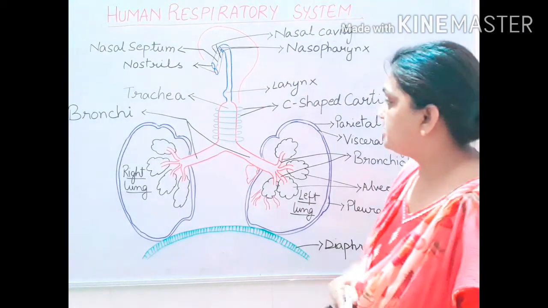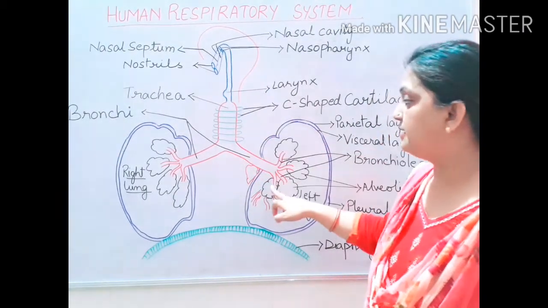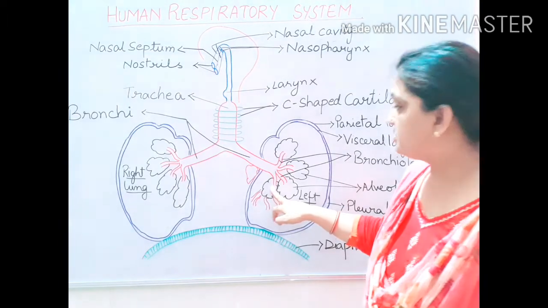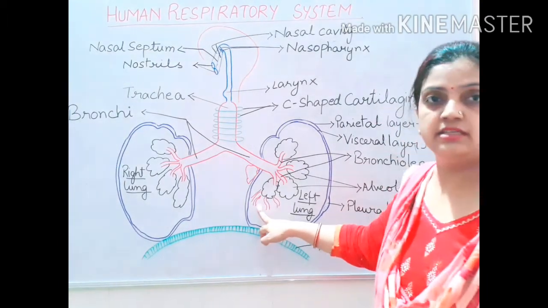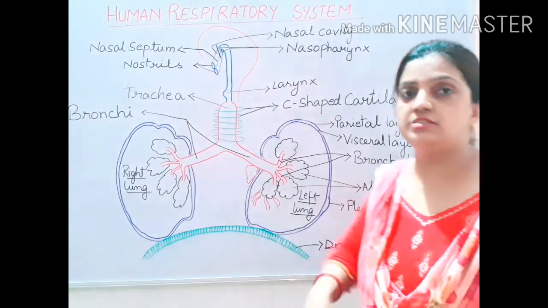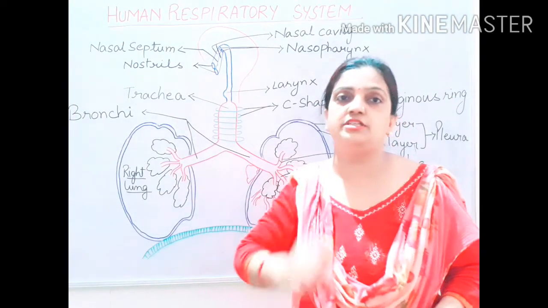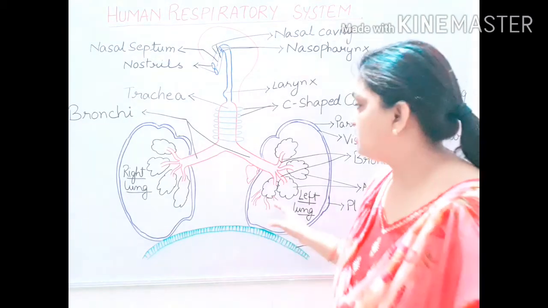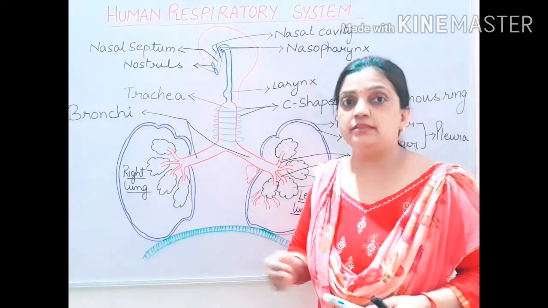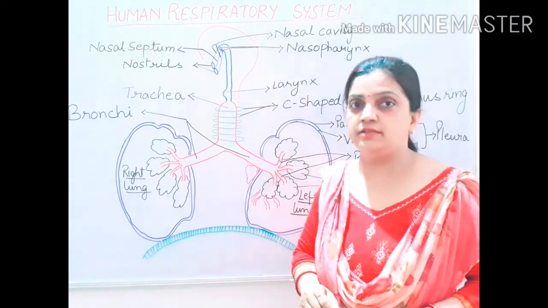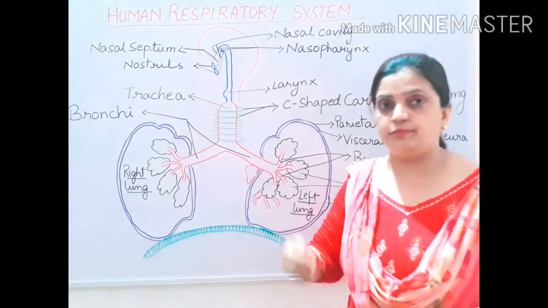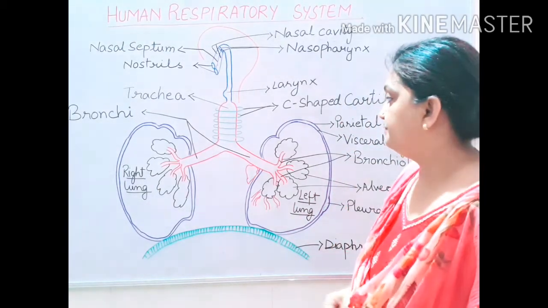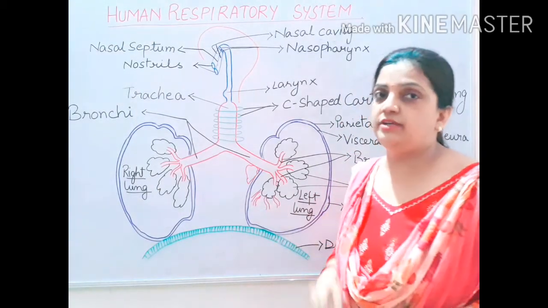And when oxygen enters inside the alveoli, that oxygen enters the blood vessel, and from the blood the oxygen reaches the cells for the oxidation process. We have discussed a lot about this. Today we are studying the structure, how human respiration is taking place. The process I will be explaining a little later. Now we are studying the structure.